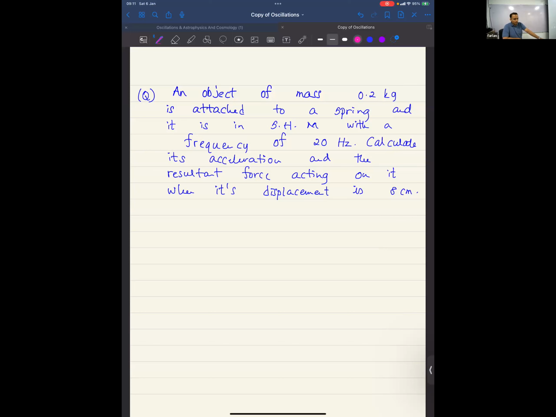Calculate its acceleration and the resultant force acting on it when its displacement is 8 centimeters.